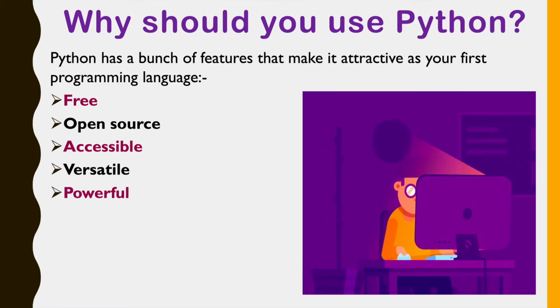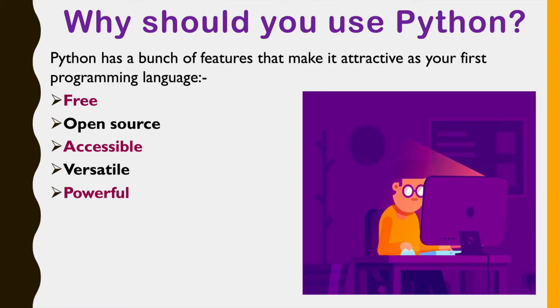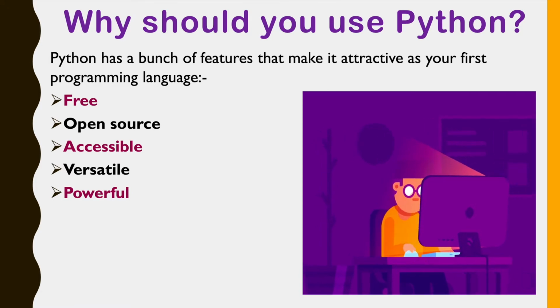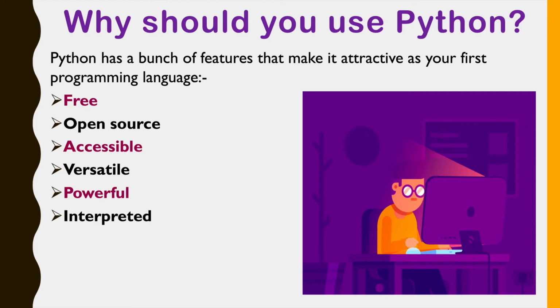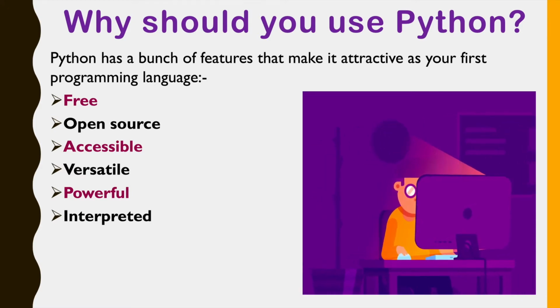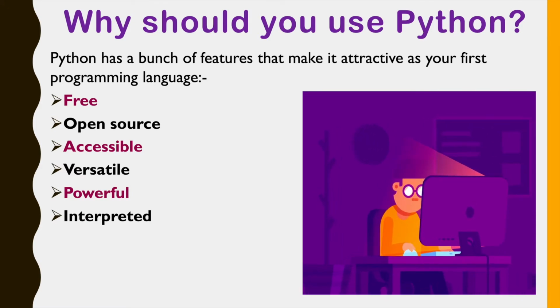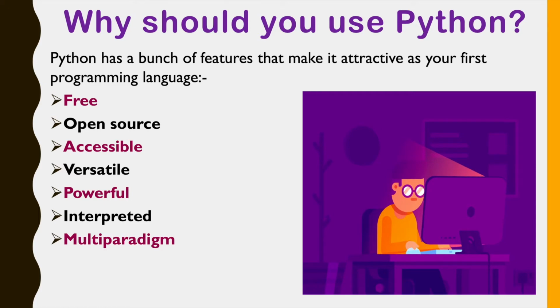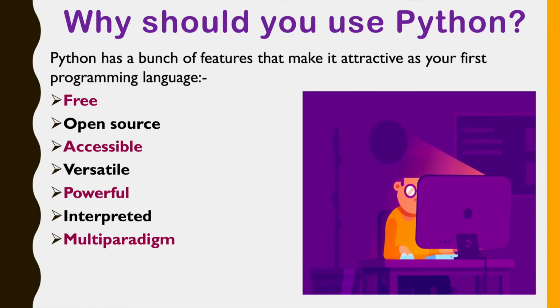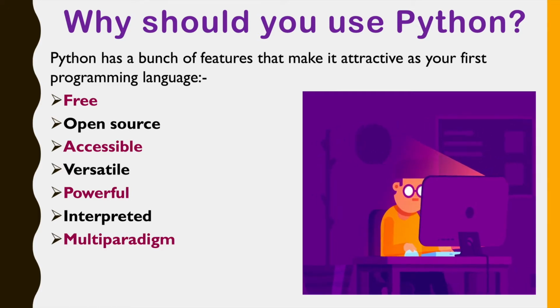Python is powerful. You can code small scripts to automate repetitive tasks, and you can also create complex and large-scale enterprise solutions with Python. It is interpreted, it's portable and quicker to experiment with than the compiled languages. It's multi-paradigm. It lets you write code in different styles, including object-oriented, imperative, and functional style. It's dynamically typed.